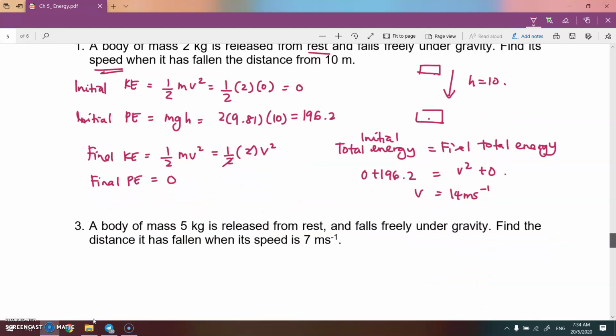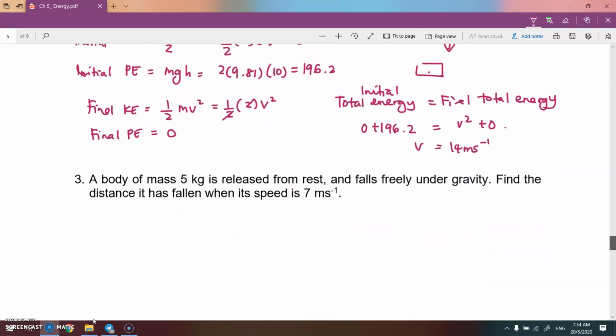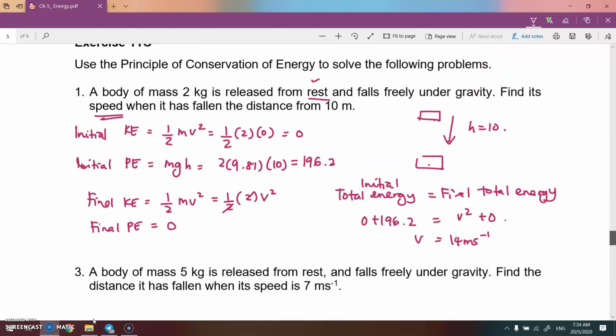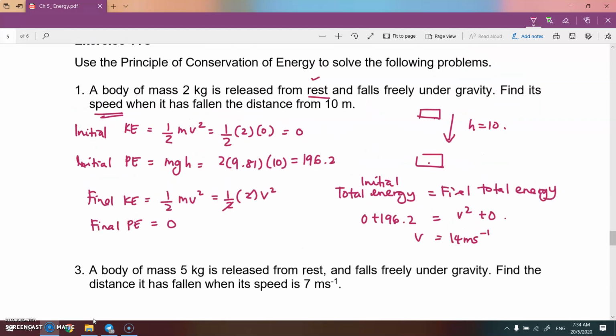Okay, question number 3. A body of mass 5 kg is released from rest and falls freely under gravity. Quite similar to question number 1, but just now the question asked you to find the speed. This one you need to find the distance.